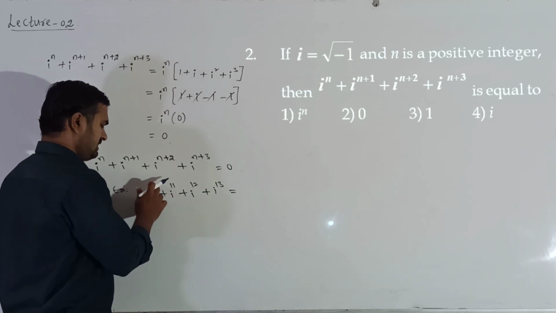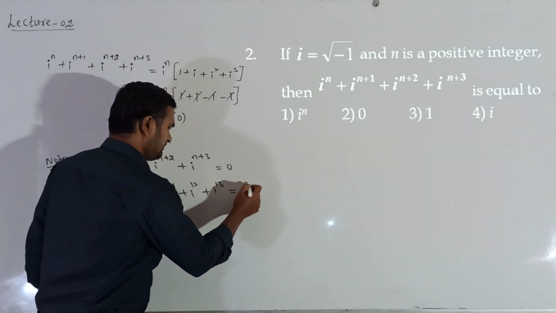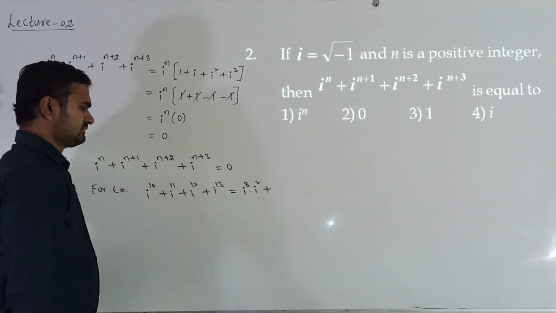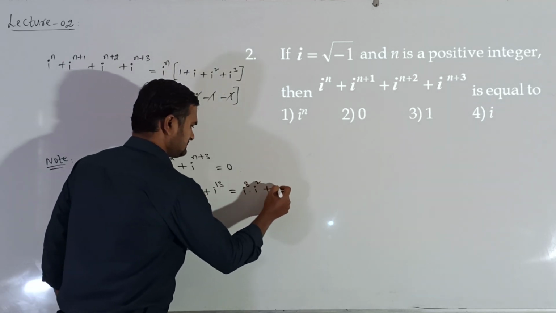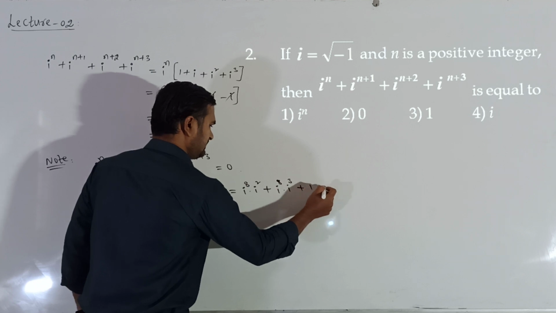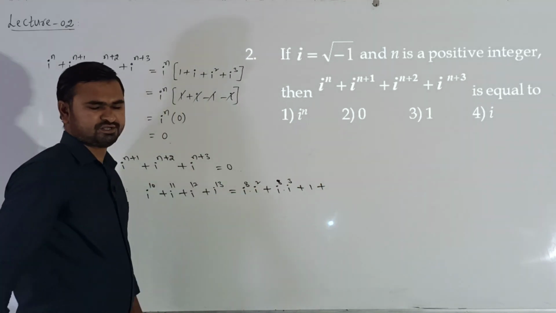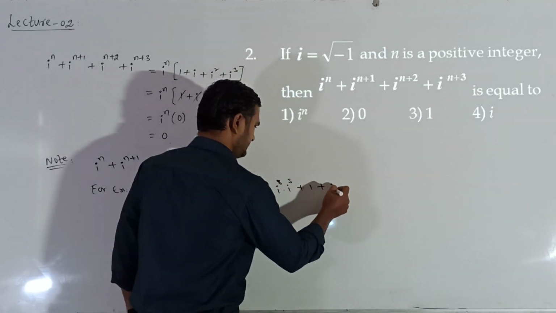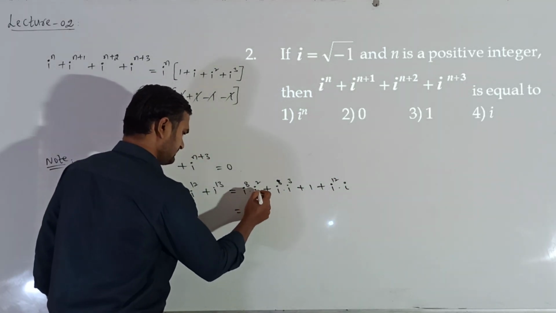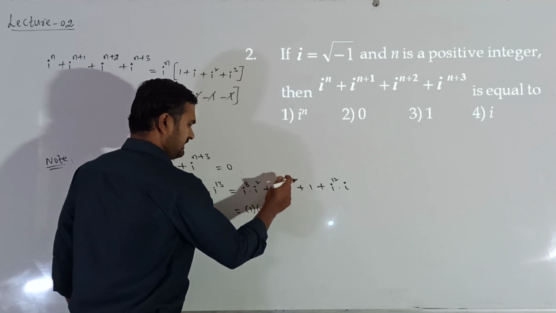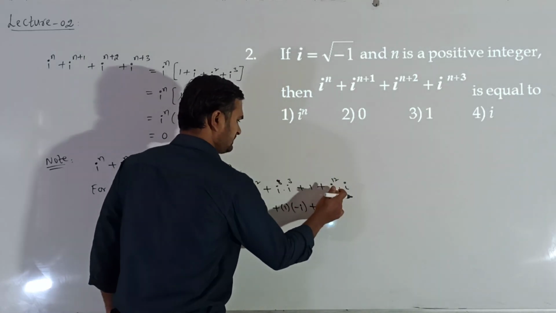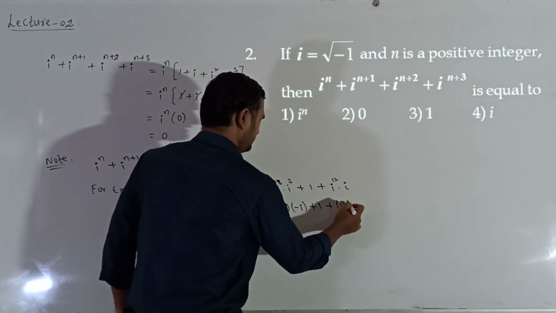You can see here i^10 I can write as i^8 into i squared, we are writing the nearest multiple of 4. i^11 I can write as i^8 into i cubed. i^12 is 1, since i to the power of a multiple of 4 is 1. i^13 I can write as i^12 into i. So i squared is minus 1, i cubed is minus i, i^12 is 1, and i^12 into i is i.